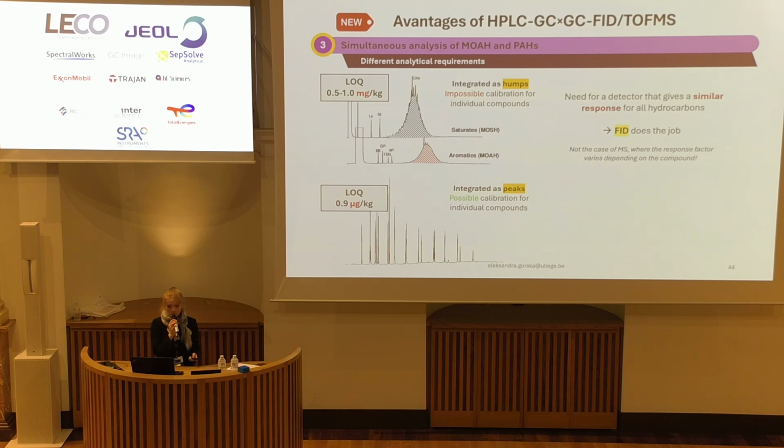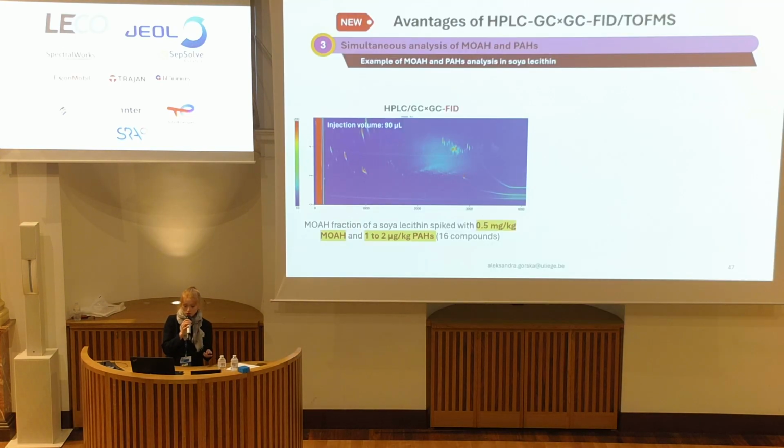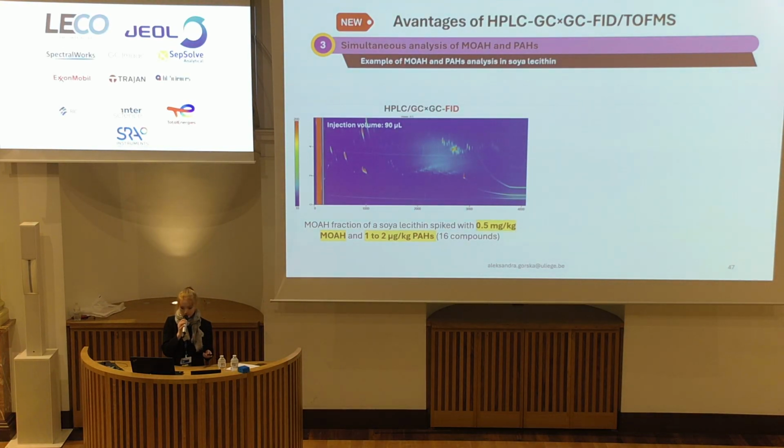And so FID does perfectly the job. Instead, for PAHs, you need something that is a bit more sensitive and also selective. And in this case, we are rather preferring MS. So this HPLC GC-GC system can help, well, handle both analysis at once, and so analyze both PAHs and MOAH.